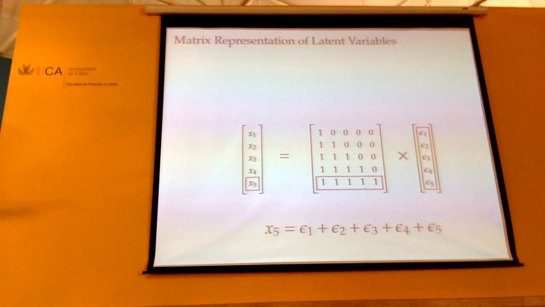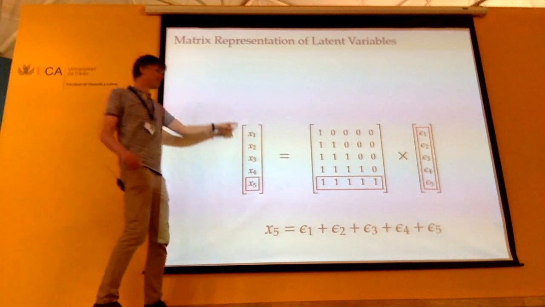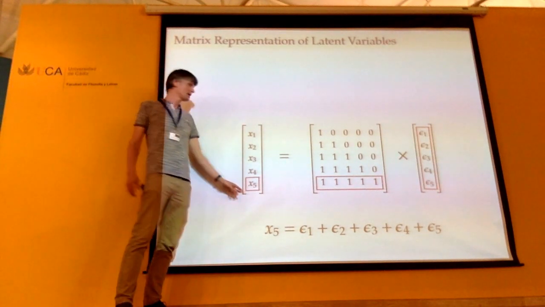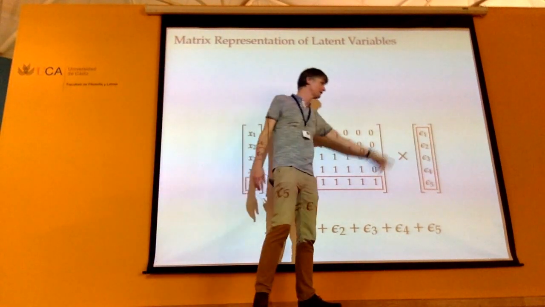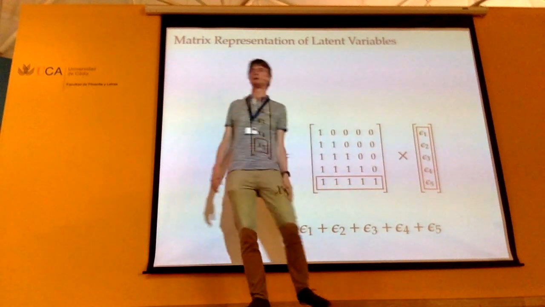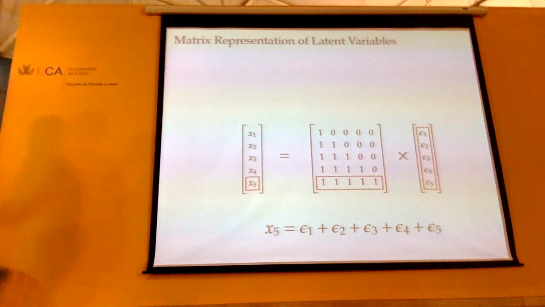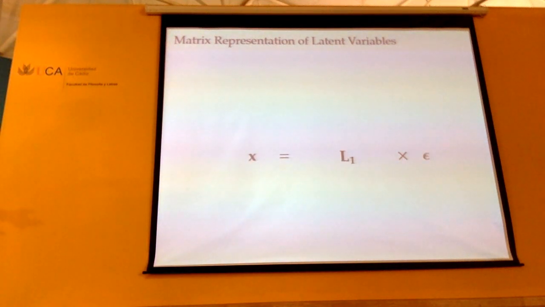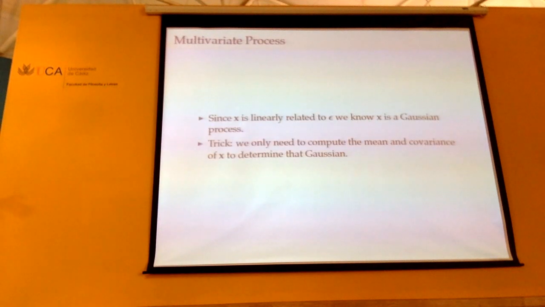So what we can see is that the observed form of our process is equal to a lower triangular matrix times the noise vector there. Now we've done that, we've got the thing in the form we need to write down what the covariance is, because we're saying x is L1 times epsilon, and we know the covariance of epsilon.